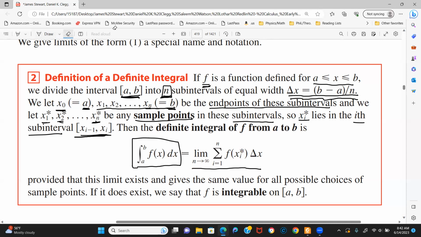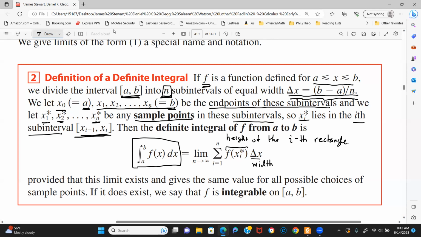The way to think about this is that this is the width of your rectangle, and this would be the height of the ith rectangle in a sense.